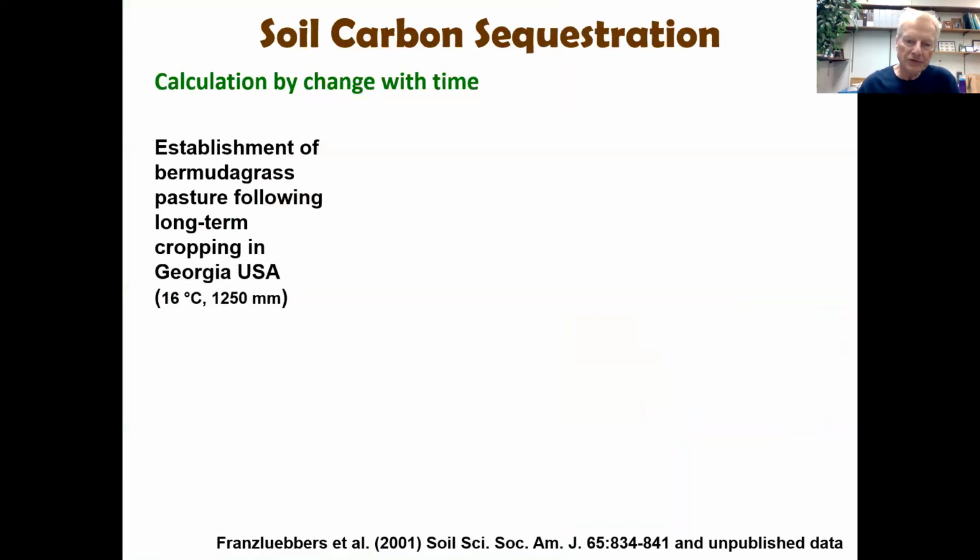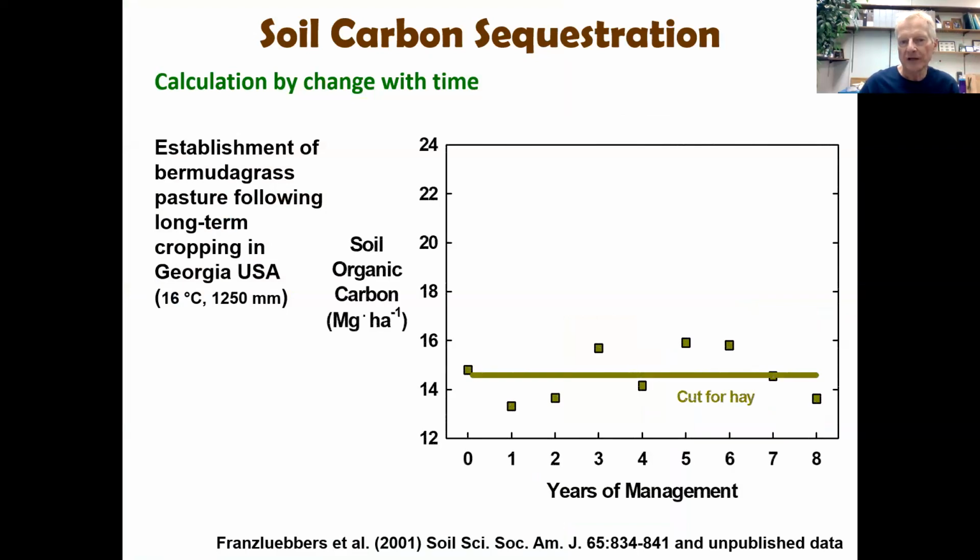So I want to show you a data set where Alan Franzluebbers and his colleagues in Georgia also grew a forage cover crop for 5 years. Well, actually, this data set shows them going all the way to 8 years after they established a Bermuda grass pasture.